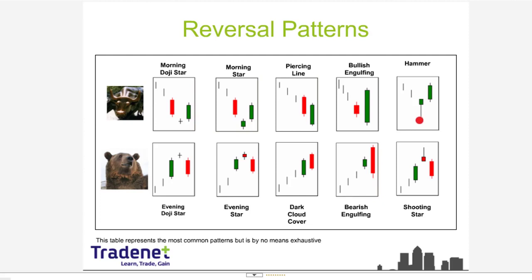What does matter is the fact that there's a long topping tail. And again here, you don't really care about the color of this candle. You care mostly about the fact that you can see a topping tail here and a reversal right over there. So that would be called a shooting star, for obvious reasons, as you can see. That is called a hammer.